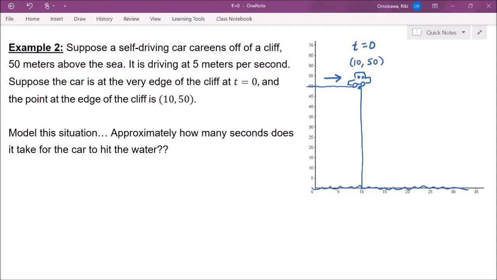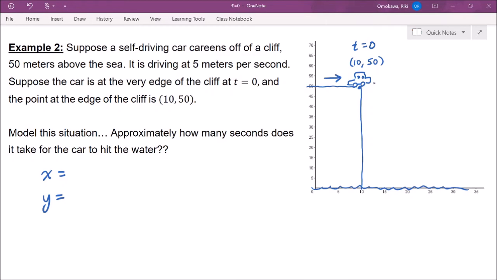Now again, note that when something is falling through the air, even then we can consider its horizontal and vertical movements separately. So x equals and y equals, we're going to come up with equations for the vertical and horizontal movements separately. And while it's on the cliff, it's going at 5 meters per second, right?